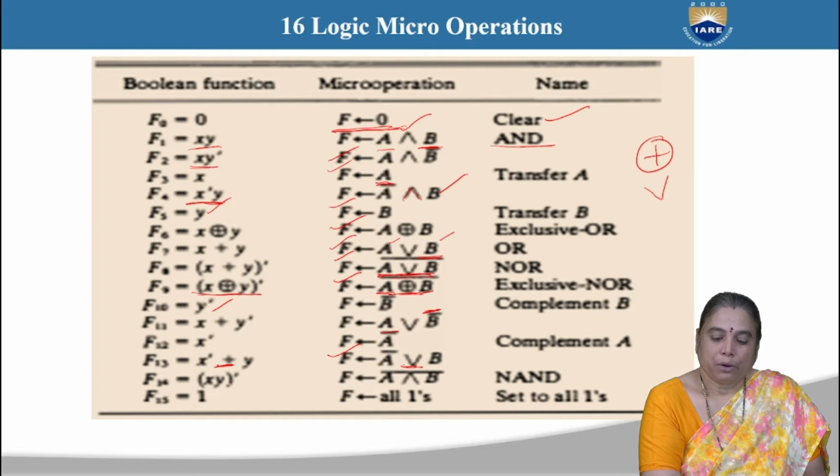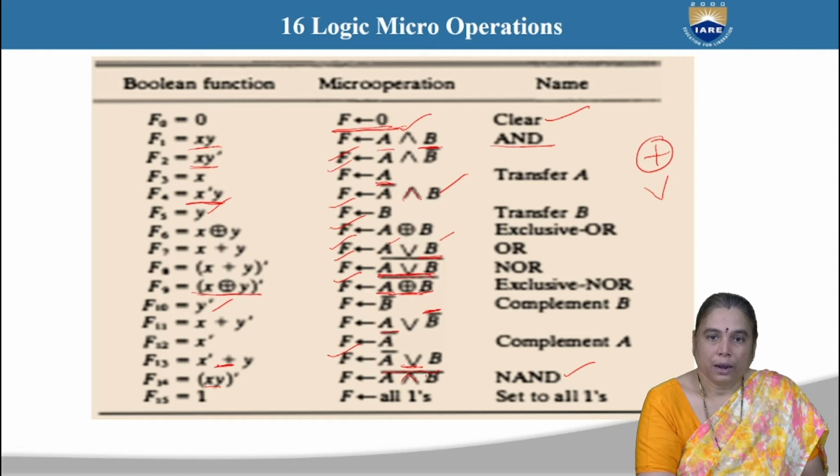Next logical micro operation is XY whole complement. So here multiplication can be represented with the AND symbol, and the complement can be the NAND operation. So here the first register is ANDed with the B register, and the whole complement makes it a NAND operation, and in the RTL form it can be represented like this.